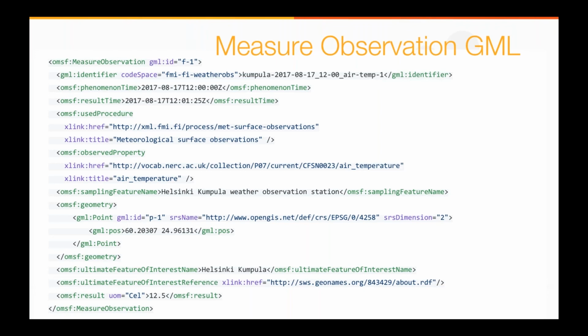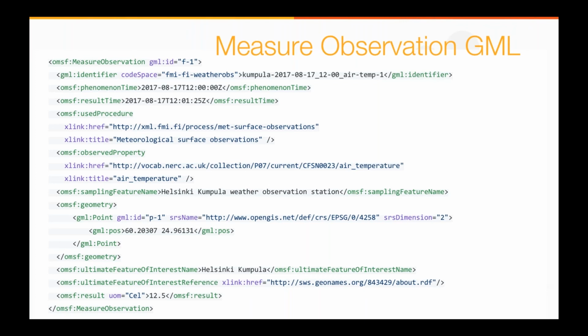at the root level here, so it's easy to pick up by the GIS software. And this geometry is always the geometry of the ultimate feature of interest. So in this case, this neighborhood of Kumpula within the city of Helsinki in Finland.